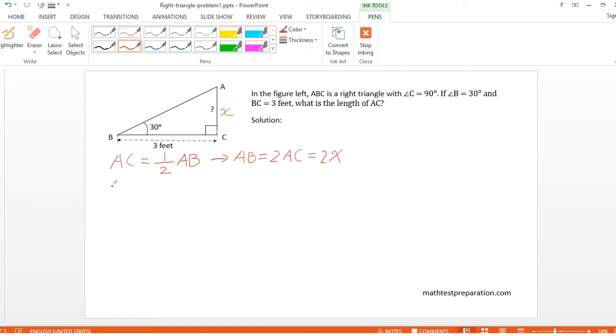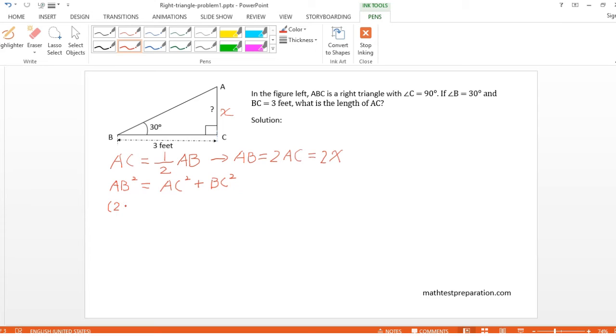So AB square equals AC square plus BC square. AB equals 2x.